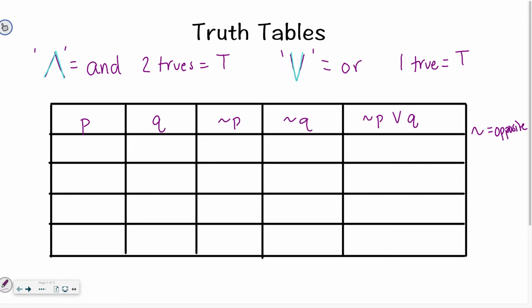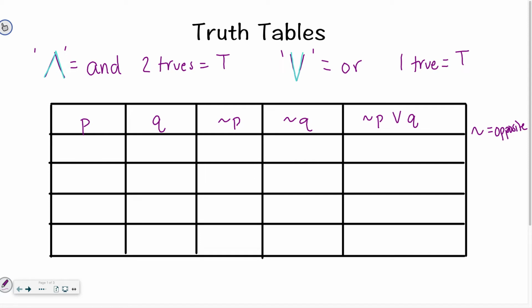So in order to do a truth table, the first thing that you will set up is you will take the regular statements. In this case, P and Q are our two statements. What I'm going to do is come up with a combination of all of the possible trues and falses between those two items.